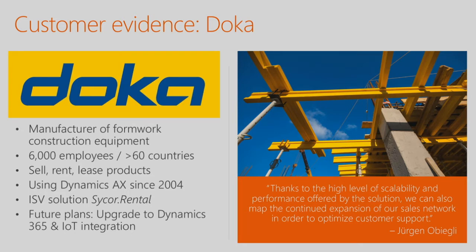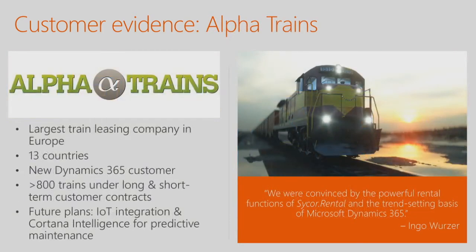Another example is not from the construction industry. It's actually the largest train rental company in Europe. They rent out trains and locomotives. They decided to move to Dynamics 365 around 1 year ago. They are going live soon, with the basic Dynamics 365 for operations.